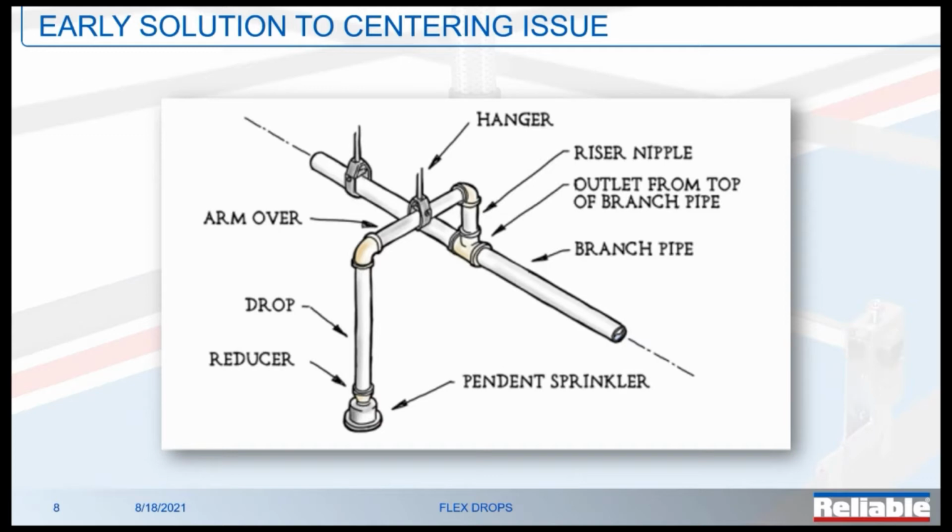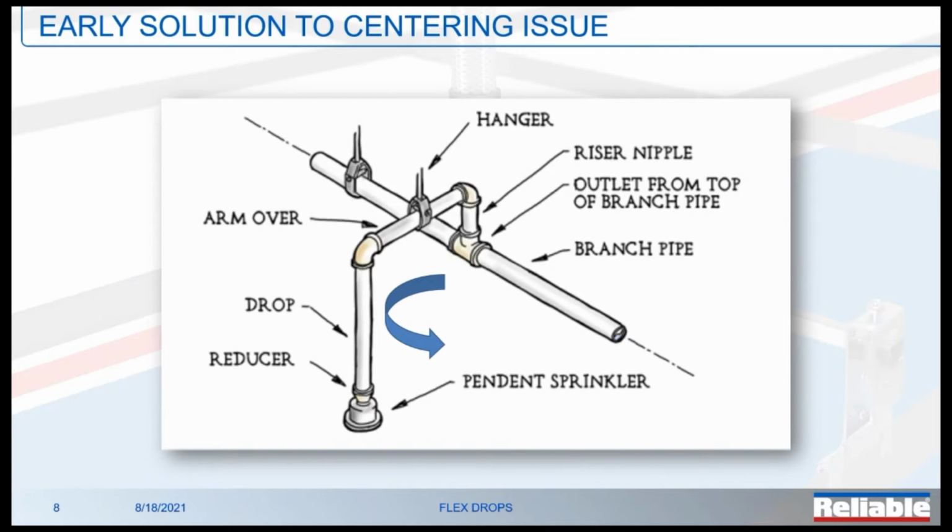And we were able to accommodate that simply by adding a swing joint, either down off the bottom or up off the top of the branch line. And by doing that, that allowed us to swing that drop, particularly in that 2-foot direction, to center it up. But that would, of course, move us lengthwise down that 4-foot direction.